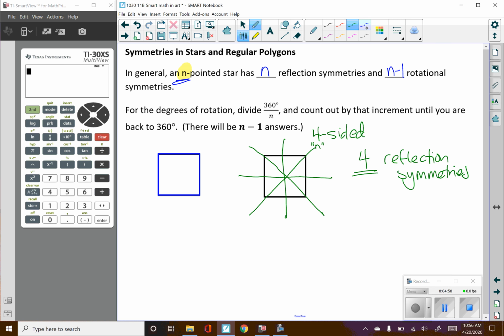For the rotational symmetries, that's a little bit trickier. There are only 3 of them, so 4 minus 1 is 3.